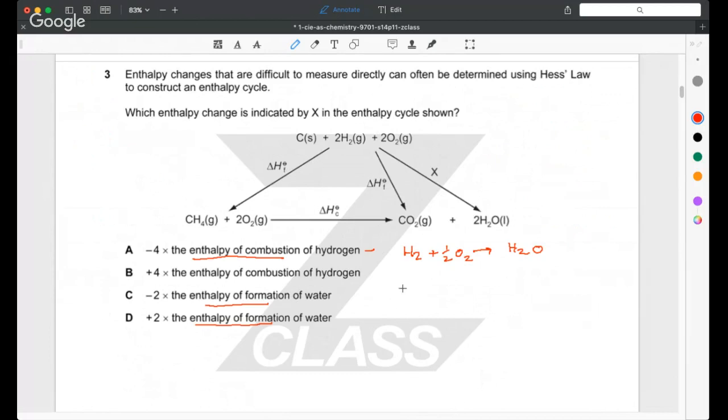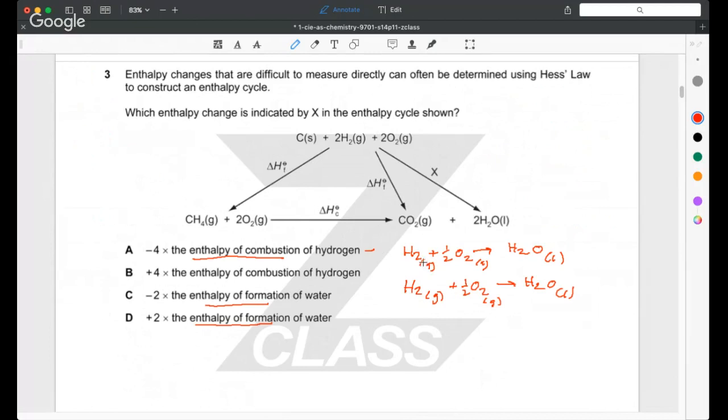So the enthalpy of formation of water is hydrogen and oxygen gases making water. I'm just putting the state symbols in, you should have those in.